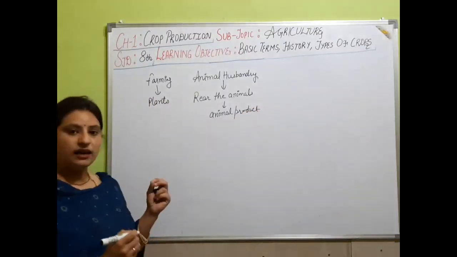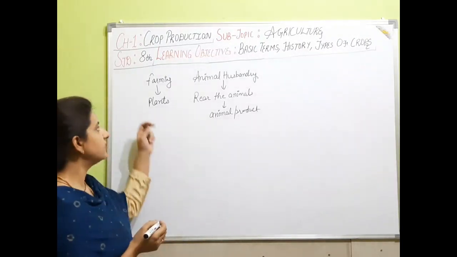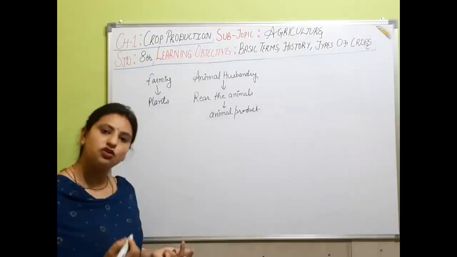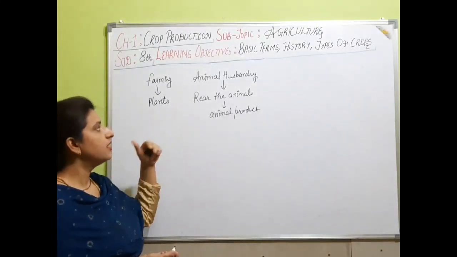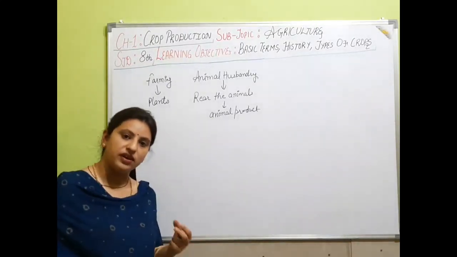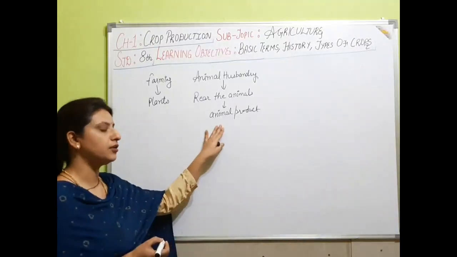So under agriculture we first learn the terminology farming: cultivation of plants to have plant products. The second is animal husbandry, which means the rearing of animals for having animal products.